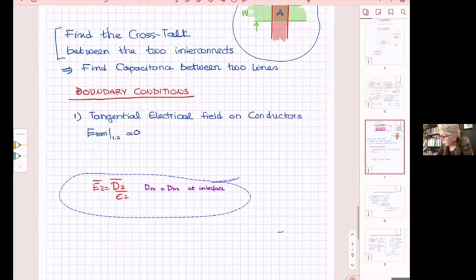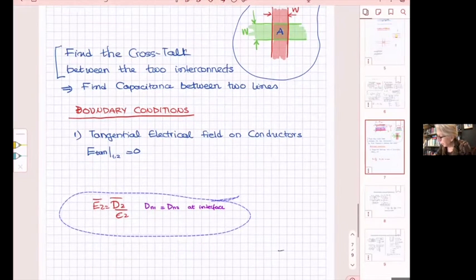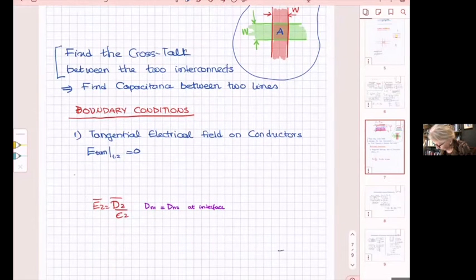What is the other condition? At the interface, so we have boundaries on the upper conductor or the lower conductor and at the interface. These are our three boundaries, all right? So now we set the condition on the upper conductor and lower conductor. The other condition we have is at the dielectric interface.